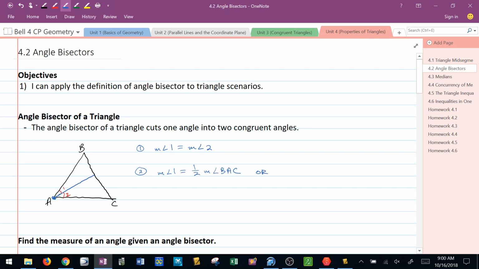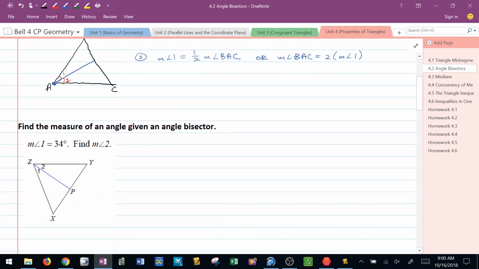Conversely, we could also say that the measure of angle BAC would be 2 times the measure of angle 1. Wherever I have angle 1 in that statement, I could also put angle 2 because angle 1 and angle 2 are congruent, or equal in measure. Okay, so what we're going to do is take this concept and now apply it to different scenarios.